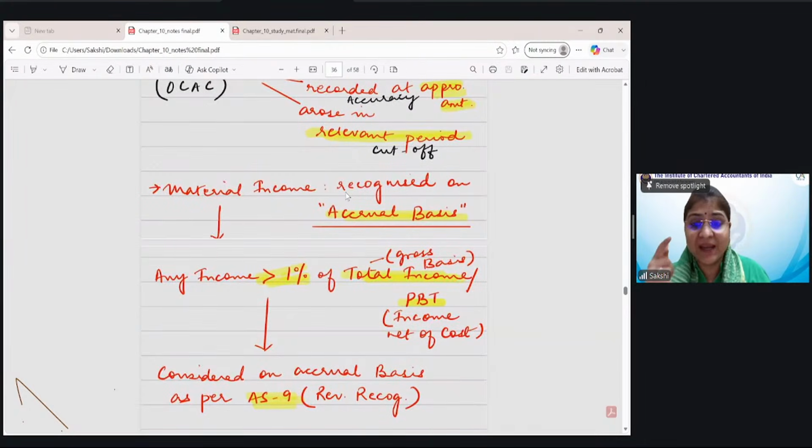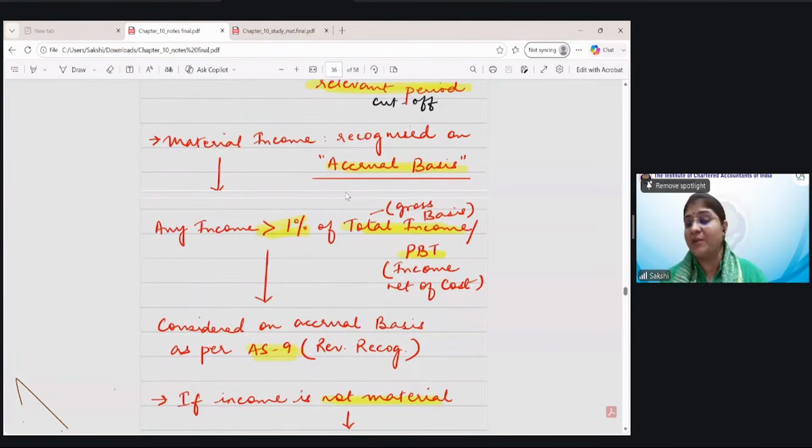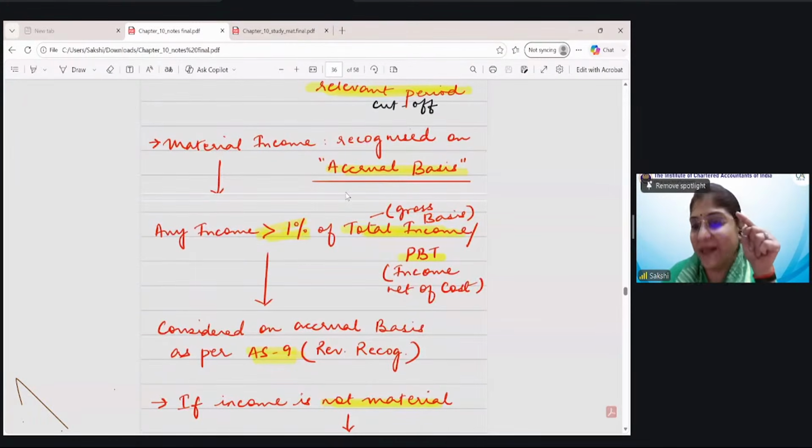So any income more than 1% of either your total income or your profit before tax is considered on accrual basis as per AS 9. You know, revenue recognition is done as per AS 9. So this is called material income, and all the material income is recognized on accrual basis. Okay.